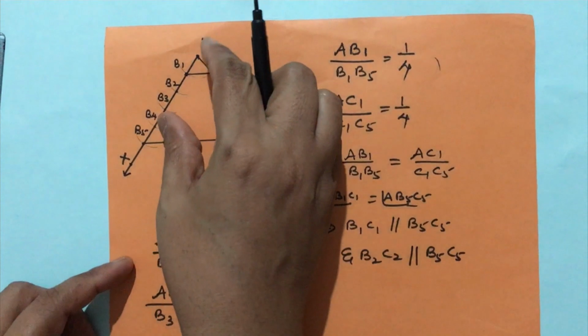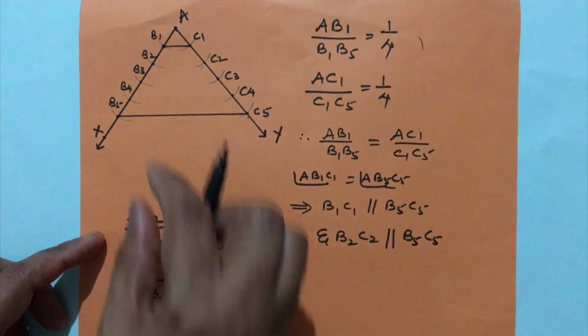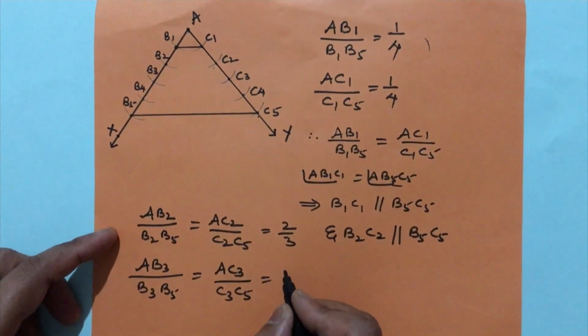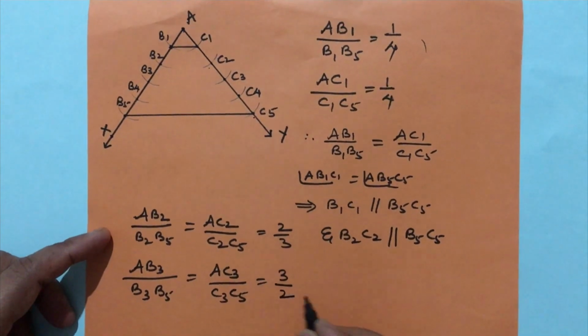How many parts here? AB3 is 3 parts and B3B5 is 2 parts. This is equal to 3 by 2.